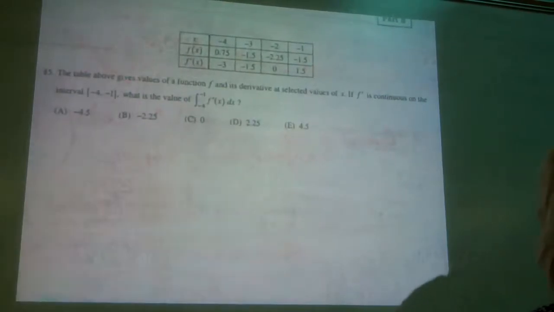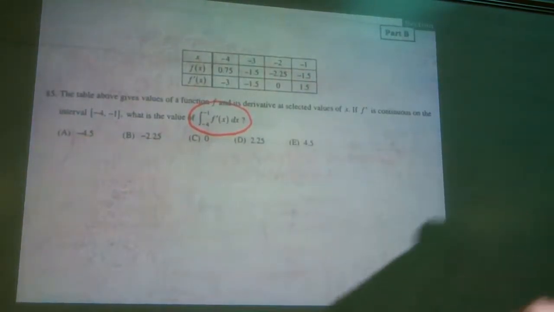This kind of goes back to what I was talking about on 81, I think. So this one says the table above gives values of a function and its derivative at selected values of x. If the derivative is continuous on the interval -4 to -1, what's the value of the integral from -4 to -1 of the derivative?